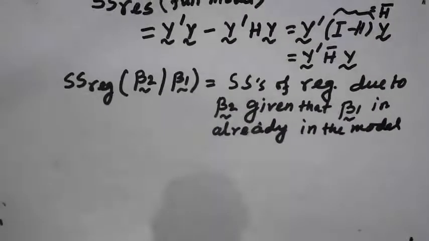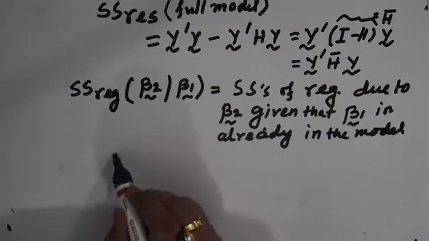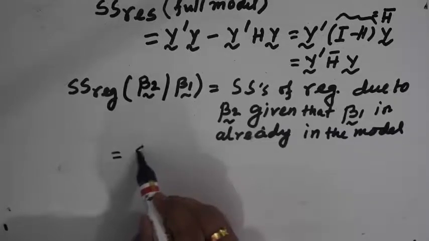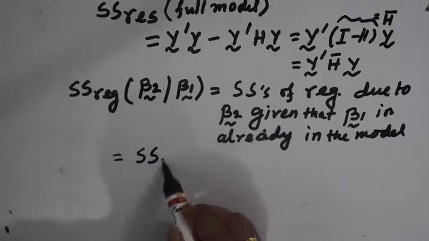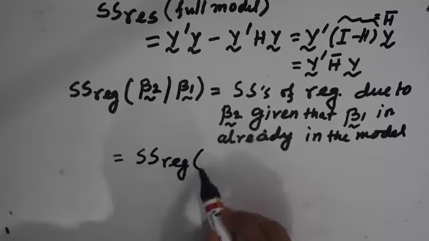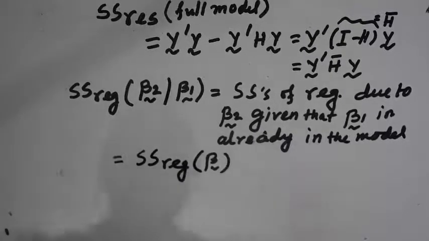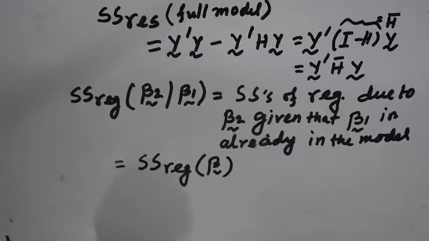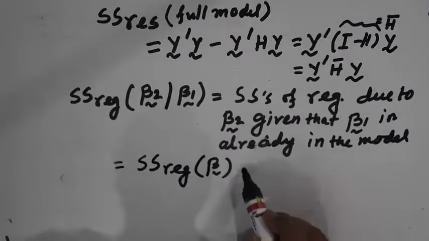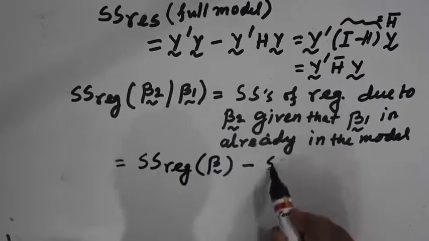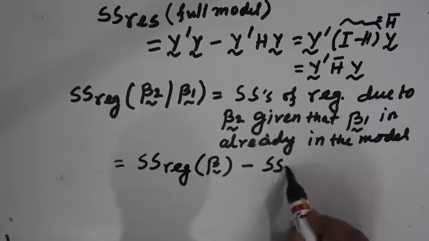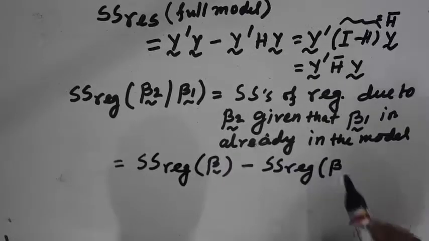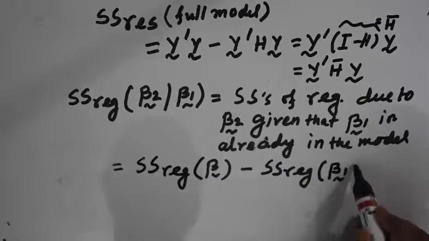So this is equal to sum of square due to regression for the full model minus sum of square due to regression for the reduced model.